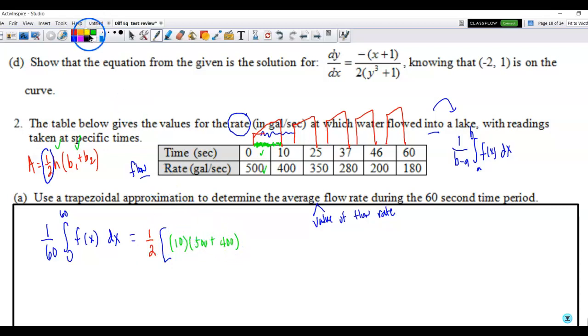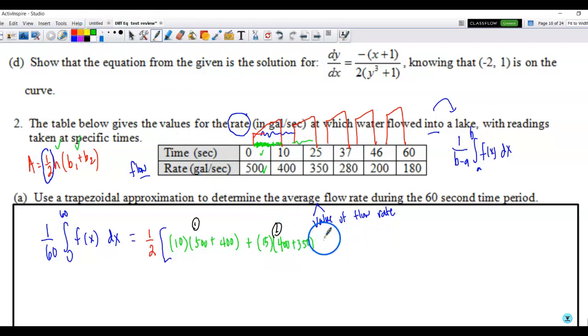That's trapezoid number 1. I'm actually just going to put a number 1. Don't really do that on an assessment. And then trapezoid number 2 is going to be the span from 10 to 25. So the height is 15. Base 1 is 400. Base 2 is 350. That's trapezoid number 2.